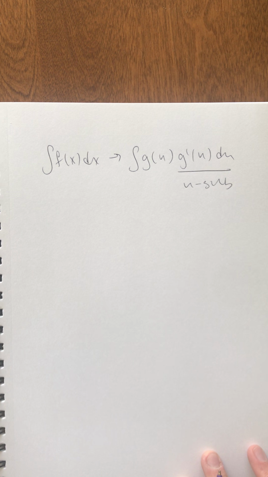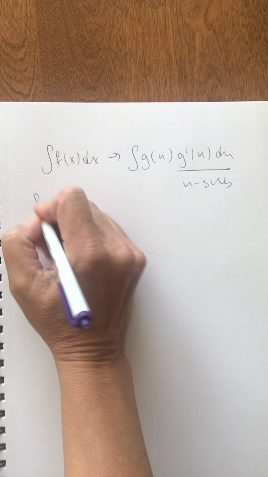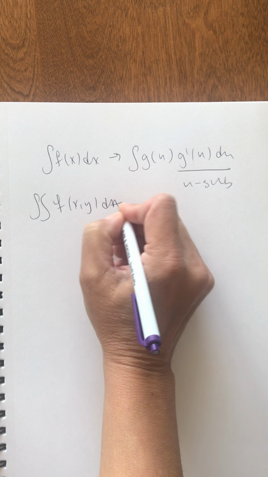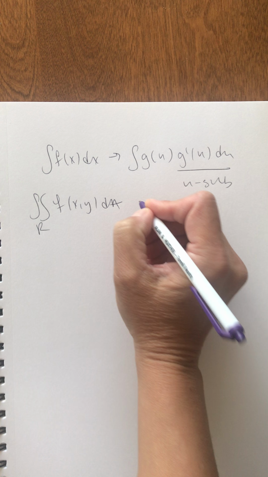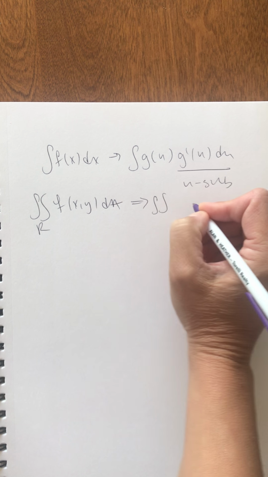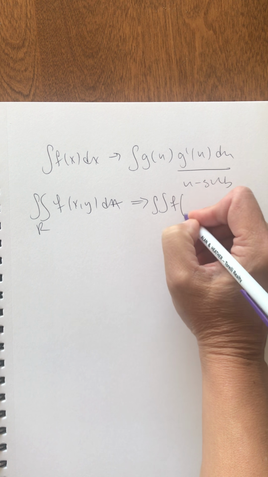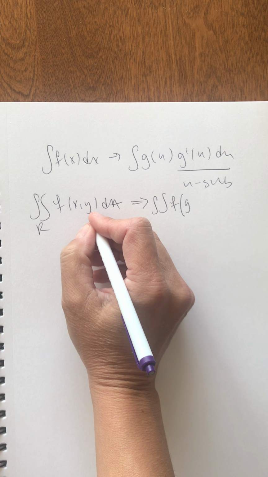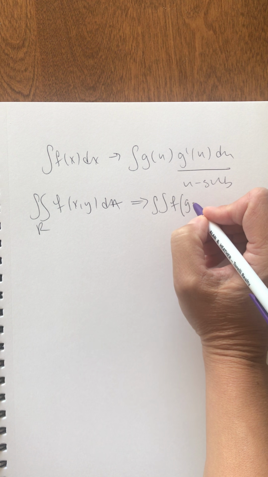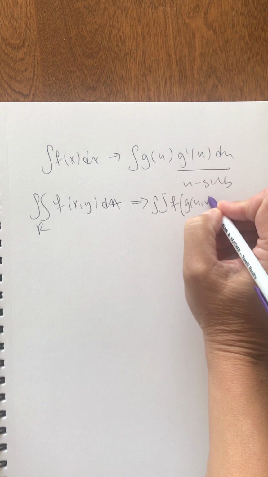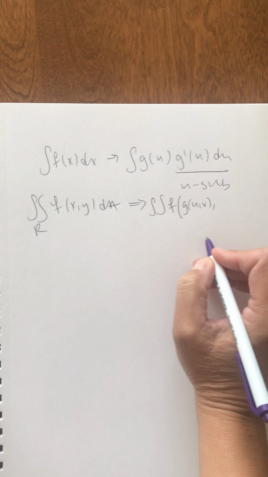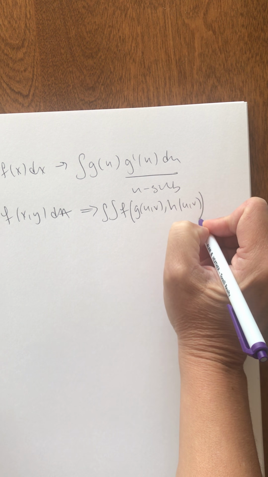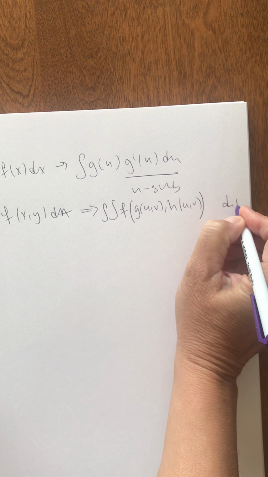So if we take that idea now, and we take a double integral of f of x, y, over some region A, this is going to turn into the double integral of f of, well, since x can be a function of two variables and y can be a function of two variables, we have f of g of u and v, h of u and v, and then we have du dv.